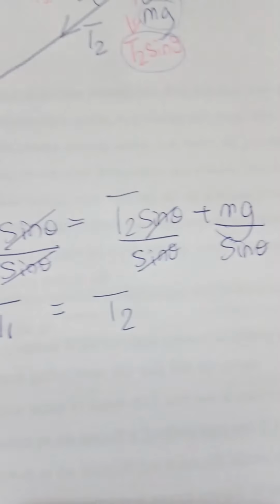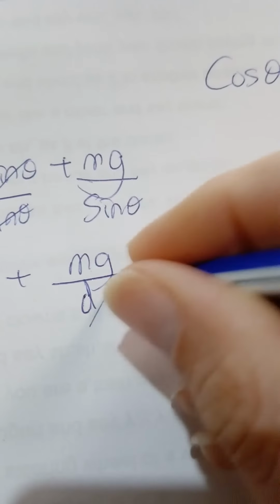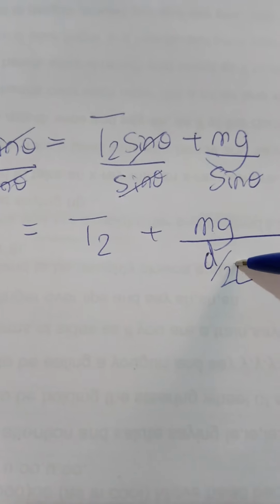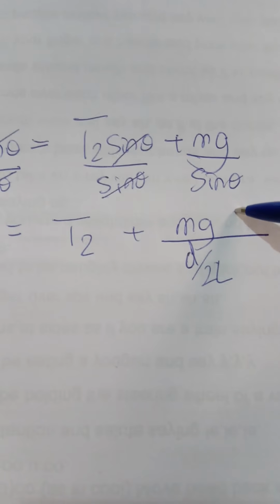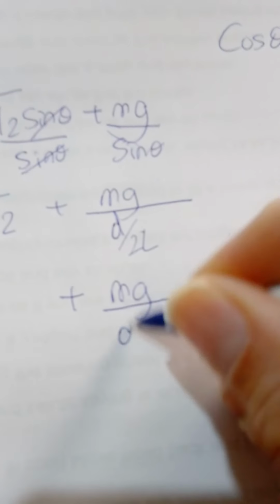Right hand side will get T2 plus mg over sine theta, but we know that sine theta is d on 2L, so instead of sine theta, I'll write down d over 2L. 2L is divided here at the bottom, so we'll take it to the top to become multiplied. So this part will be mg over d, but the 2L goes to the top, which I can write like that.